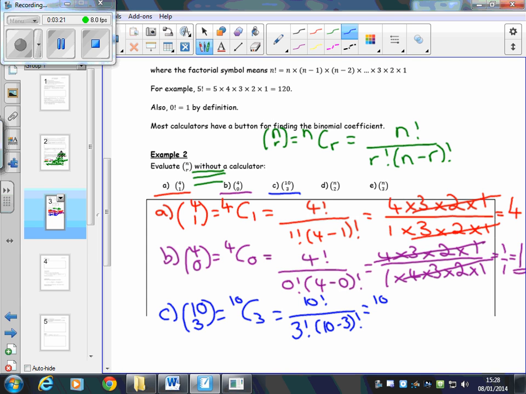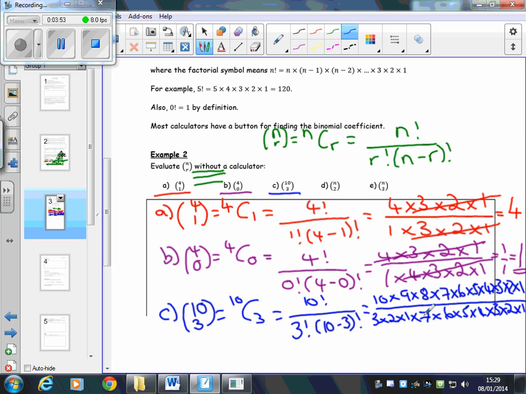So this is equal to 10 times 9 times 8 times 7 times 6 times 5 times 4 times 3 times 2 times 1 divided by 3 times 2 times 1, and 10 minus 3 gives me 7, so 7 factorial, so that'll be times 7 times 6 times 5 times 4 times 3 times 2 times 1.